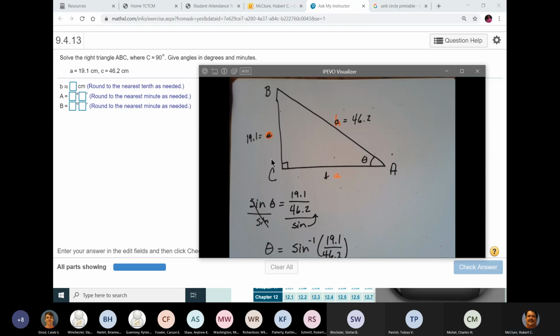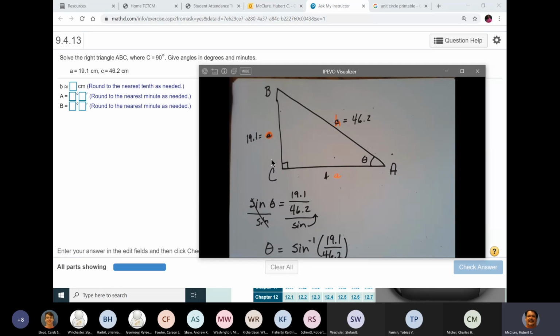So that's going to be 19.1. I'm just using my calculator on my phone. I'm getting tired of switching over. So 19.1 divided by 46.2, and I'm going to take the inverse sine of that, and close parentheses.